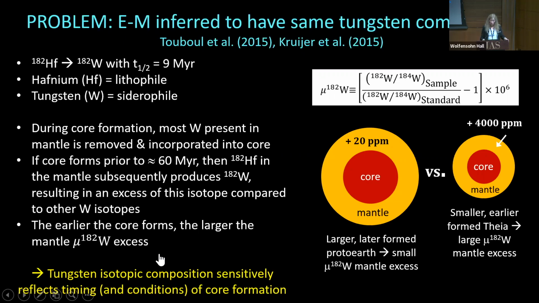So if we think about the protoearth, which being more massive may have had its core form much later than that in Theia. Maybe Theia's core formed in just a couple million years. That's about when we think Mars's core formed, and Theia's the size of Mars. Then you would expect that before the collision even, Theia and the protoearth would have completely different tungsten isotopic compositions in their mantles, even if they formed from the same reservoir in terms of oxygen.